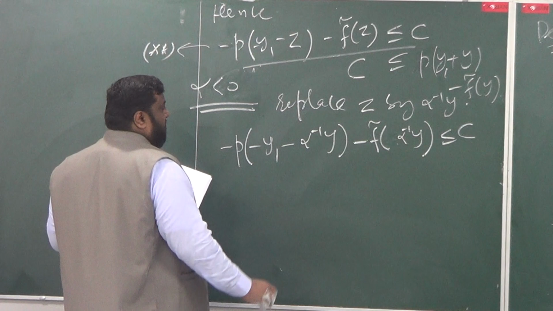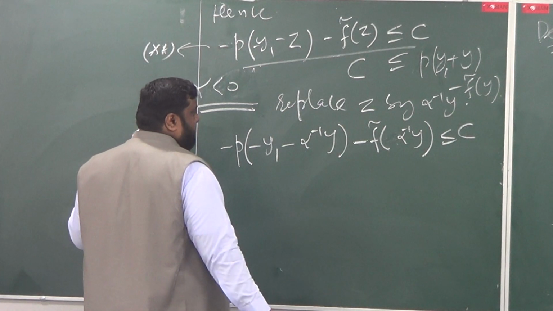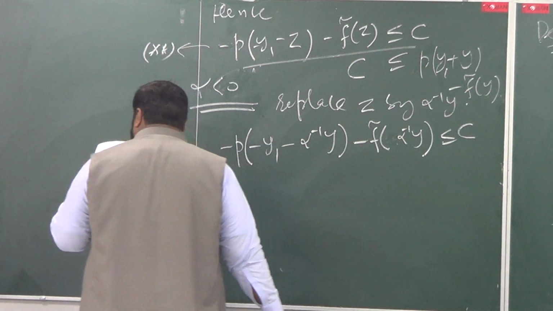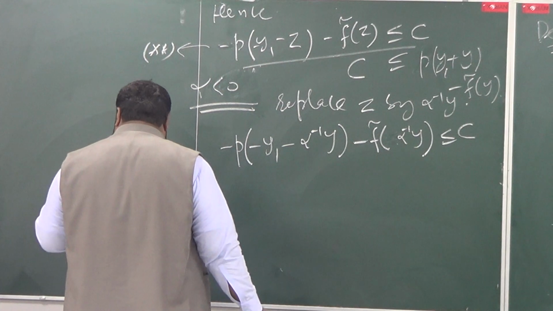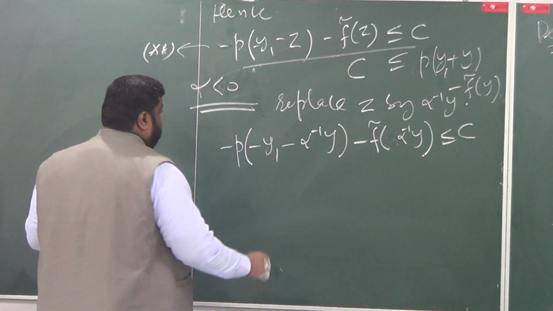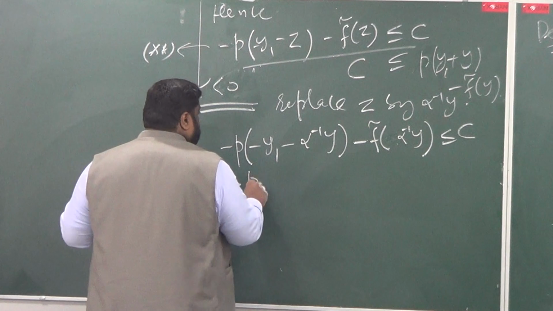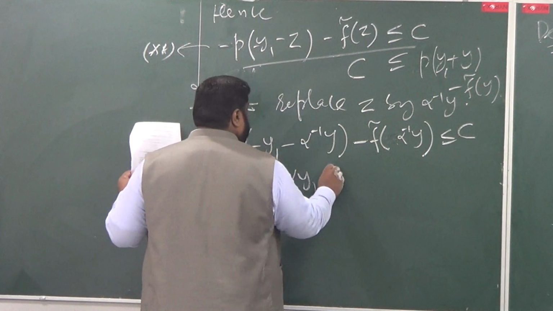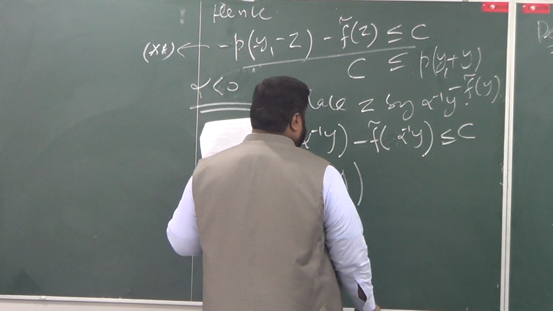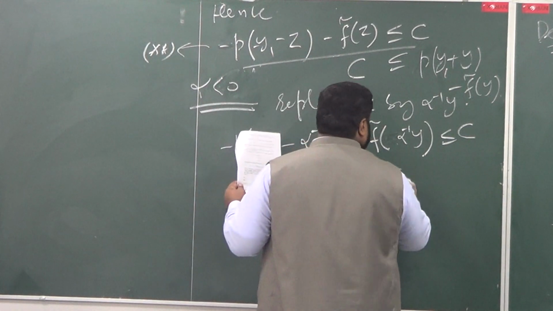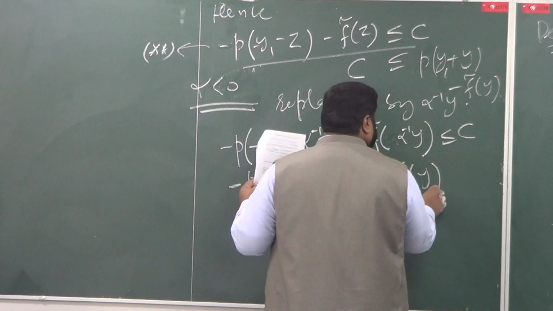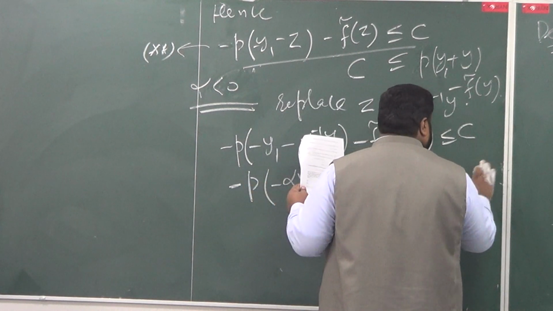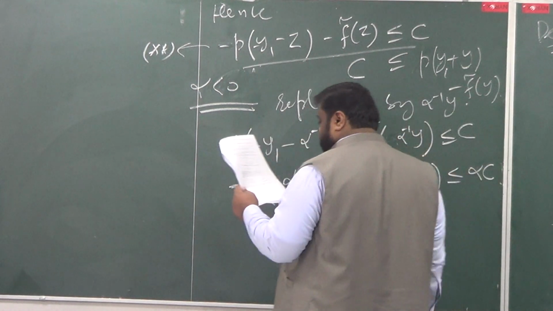Alright. So if I multiply now throughout by alpha, what am I going to get? I'm going to get minus p of alpha y1 minus y, minus f tilde of y, less than or equal to alpha c.